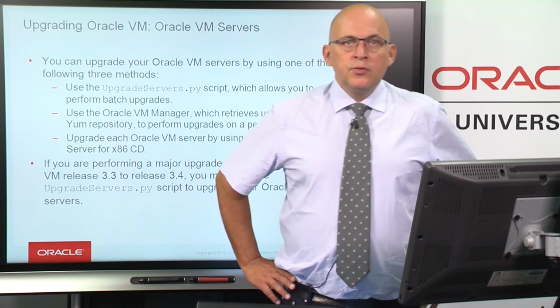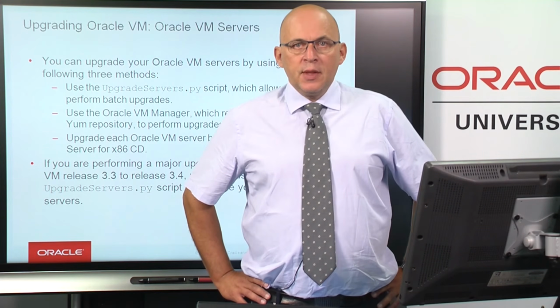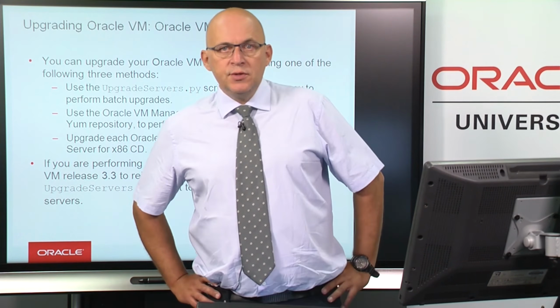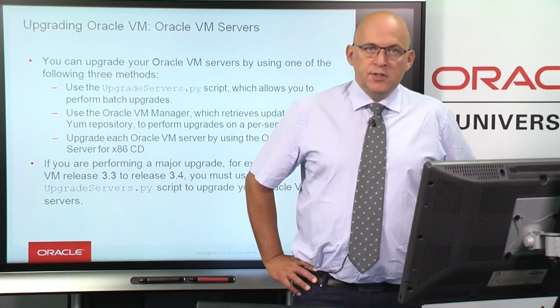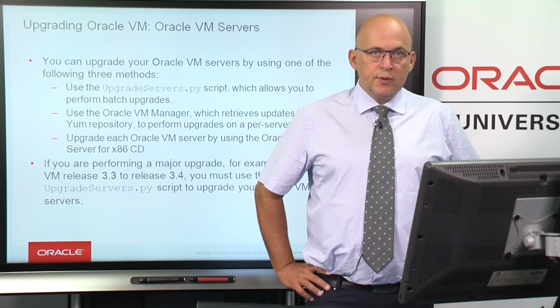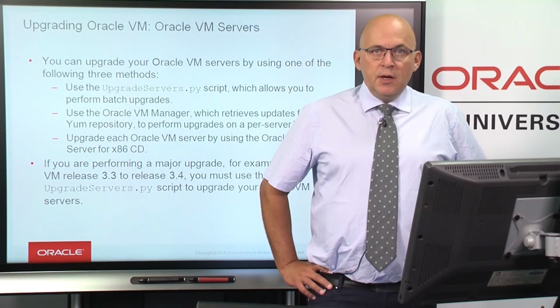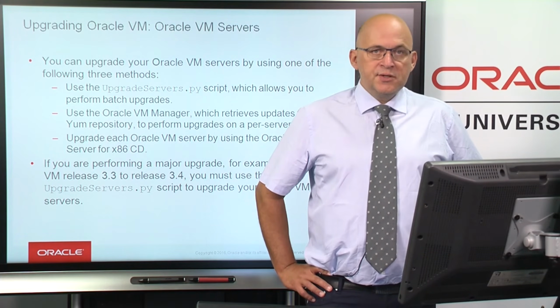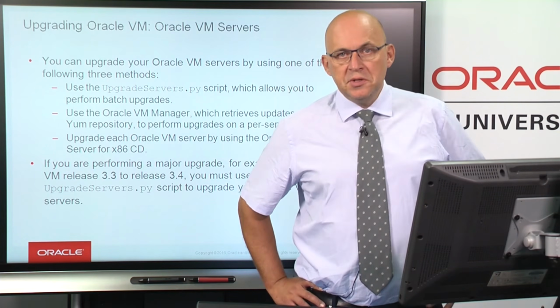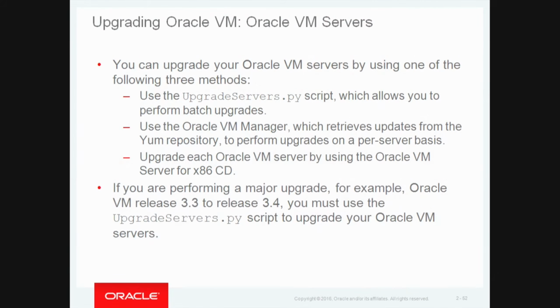Whenever you want to upgrade the Oracle VM servers, there are several methods that can be used. Before upgrading the servers, read the associated documentation to be sure about the installation steps. There is a Python script, upgradeservers.py, which does this kind of batch upgrade.